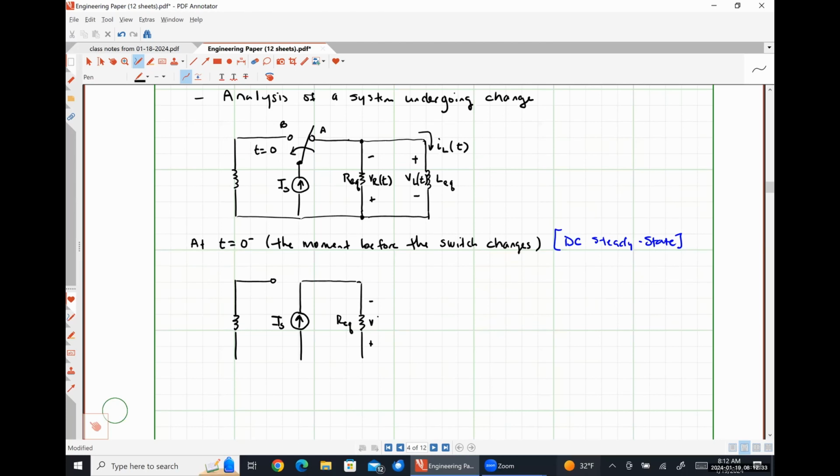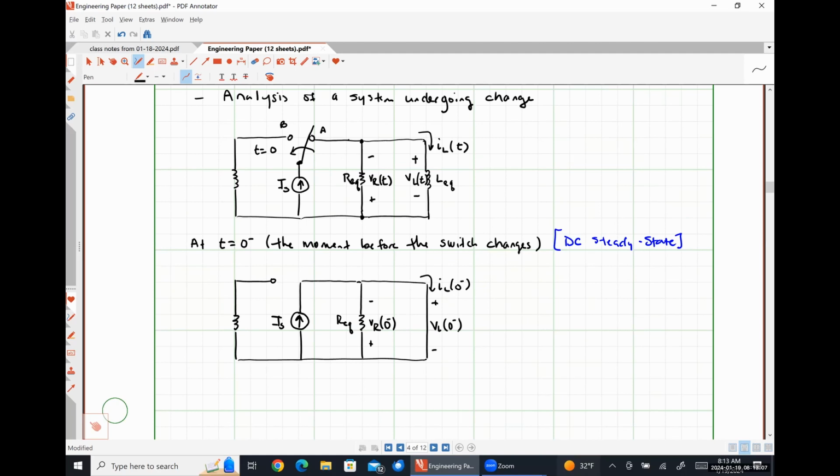Here's the voltage drop across my resistance at t is equal to 0 minus. My inductor is replaced with a short circuit because we're looking at a DC circuit. Here's the current flowing through my inductor at 0 minus. And just for the sake of argument, here's the voltage drop across my inductor at 0 minus.